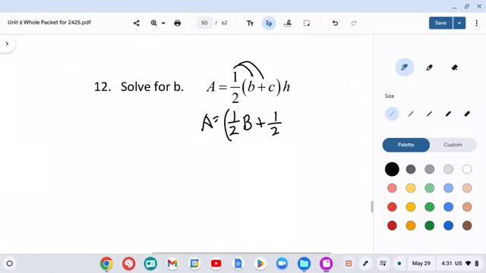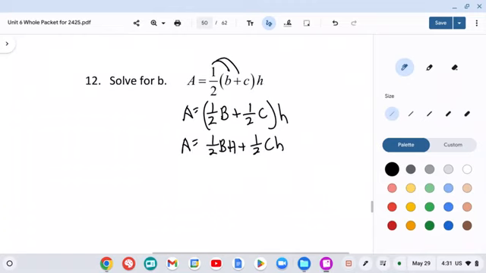Half c multiplied by h. So if you multiply all this out, you get 1/2 bh plus 1/2 ch. And then to get b by itself, I'd subtract this half ch over. So now we have a minus a half ch equals a half bh.